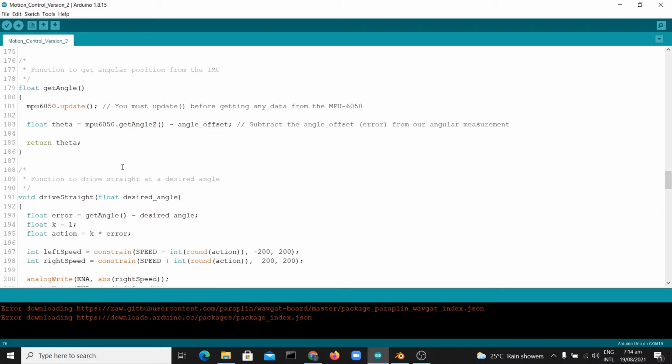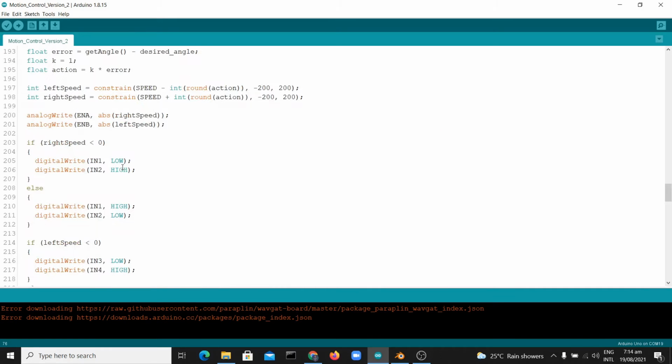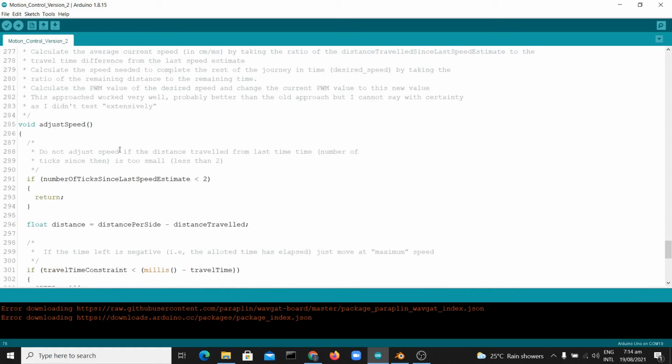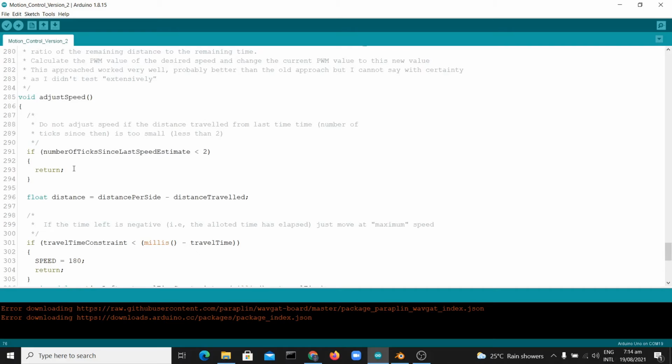The real big difference between this function and the last one I uploaded as a PDF is in the adjustSpeed function. Here I did some serious modifications. Every 2 ticks I calculate the average speed taken between the last 2 ticks.